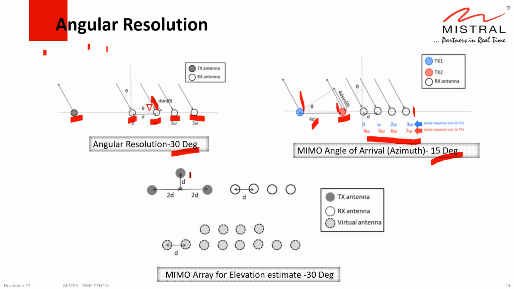And the third transmit antenna is placed at a vertical shift of D. This third antenna is used to calculate the elevation accuracy. With this, you should be able to get about 30 degree elevation resolution.